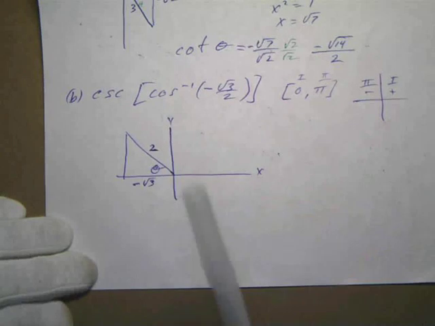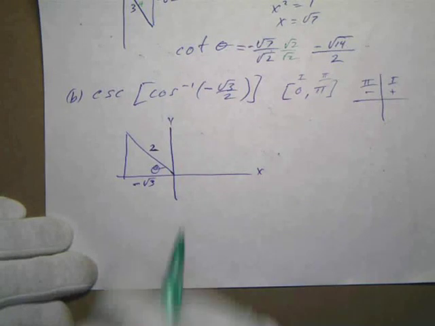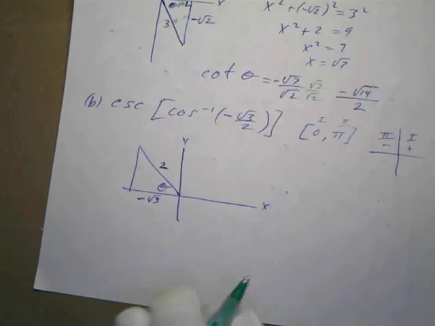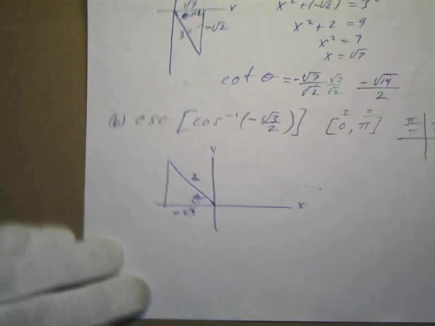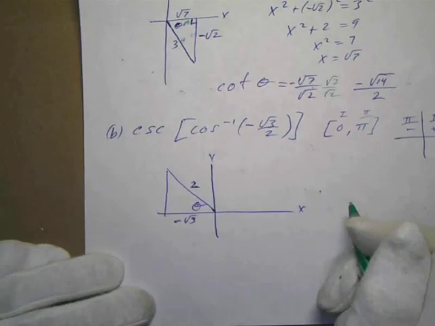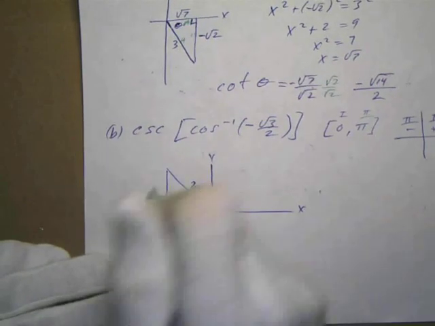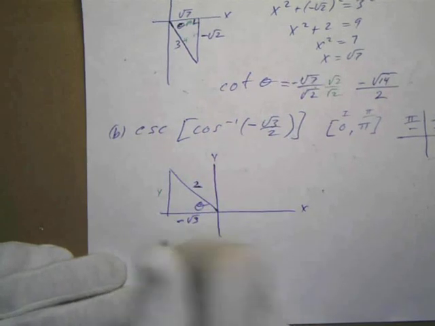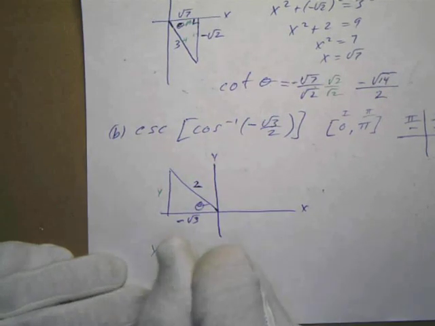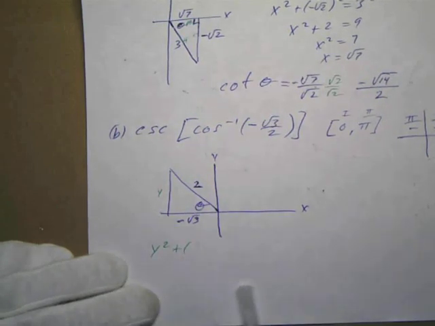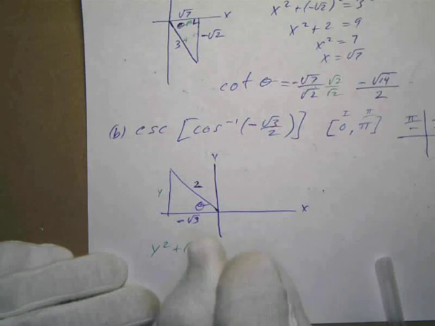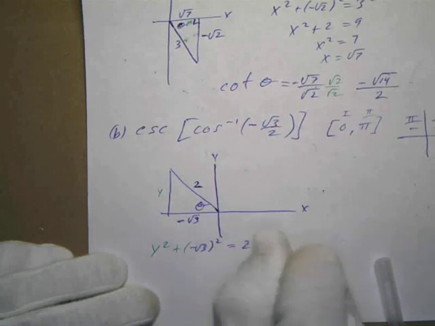Okay, so let's find the opposite side here. Let's figure out what this is going to be. We have to use the Pythagorean theorem. So I'll call this y. So I'll say y squared plus the square root of 3 squared equals 2 squared.